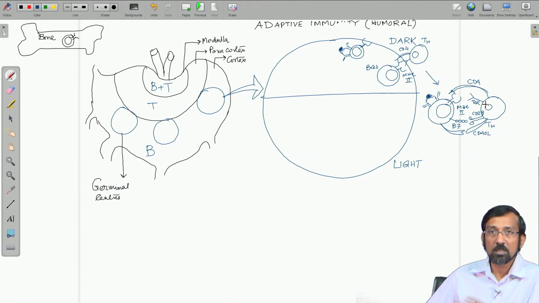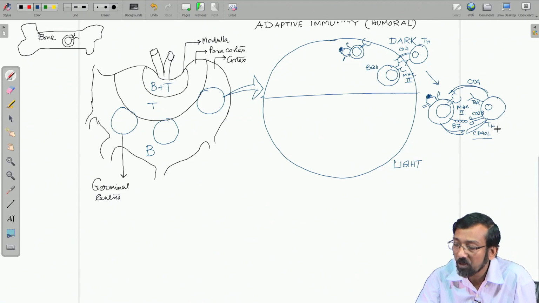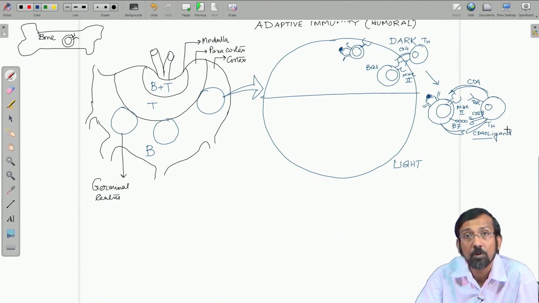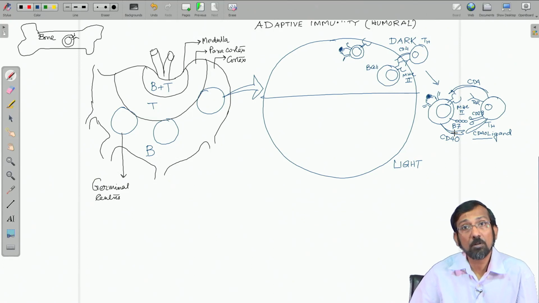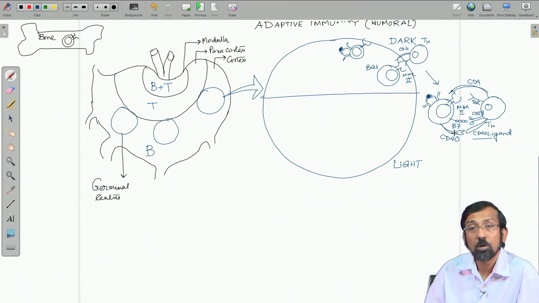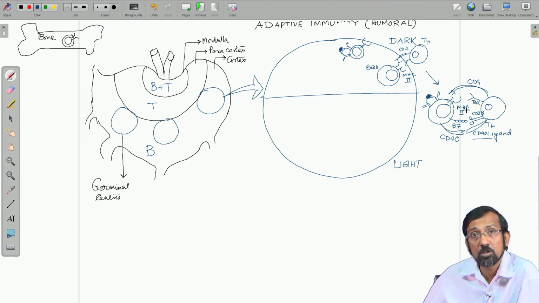The L denotes the ligand, the CD40 ligand, and the CD40, which is expressed on the surface of these B cells. So, you have at least 4 types of interactions which need to be completed before a B cell can be activated.